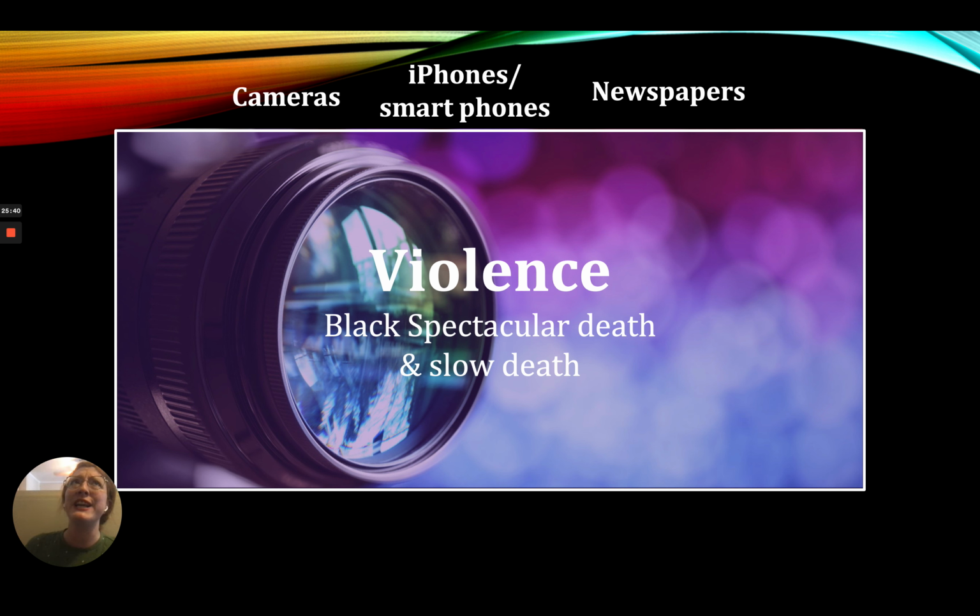When it's sensationalized through media outlets, she calls it Black spectacular death, because she argues the death of Black people doesn't matter unless it's sensationalized, unless it's spectacularized. And if it is spectacularized in the media, then it matters. So it takes a Black person being dead and killed very violently, very publicly, for their death to matter.